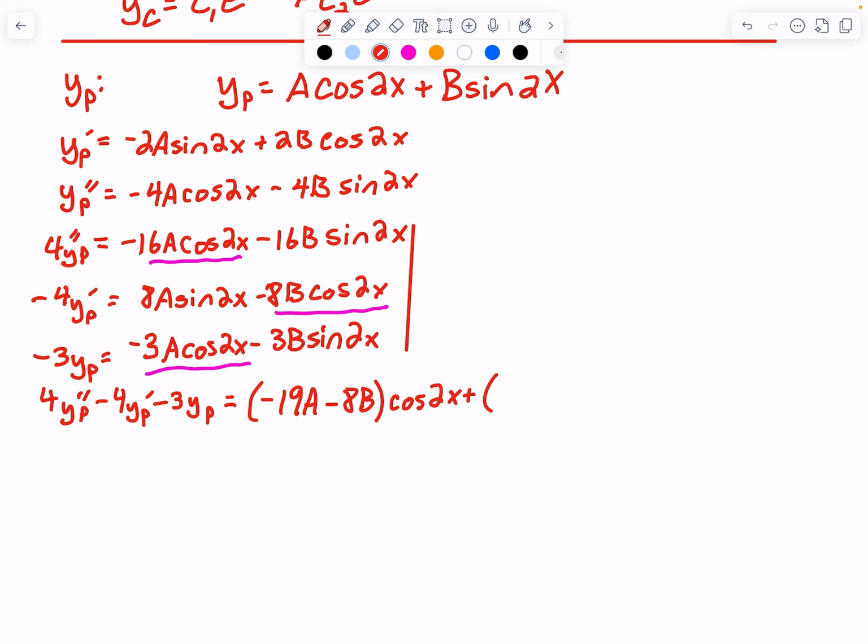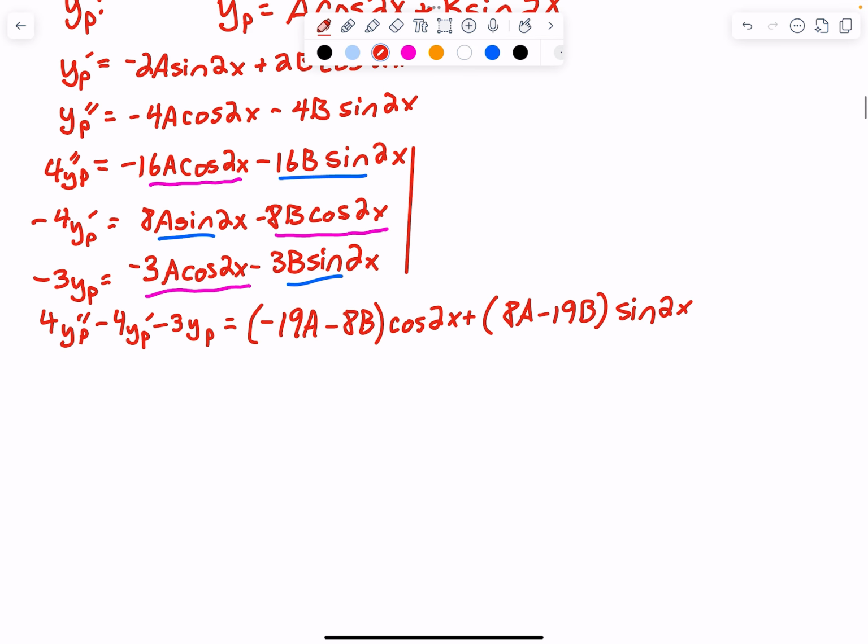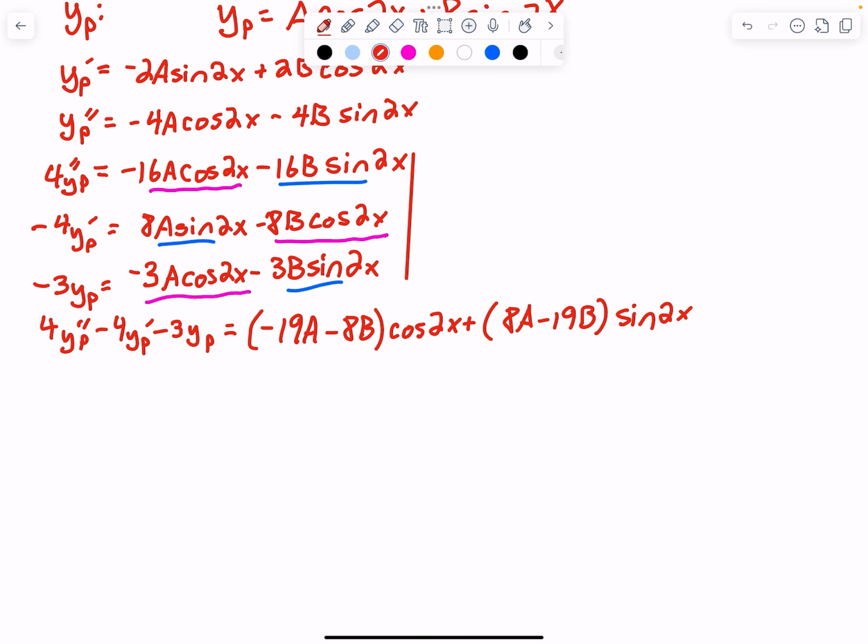And then the other one will be these three. That's going to be 8a minus 19b times sine 2x. All right, so we have that.